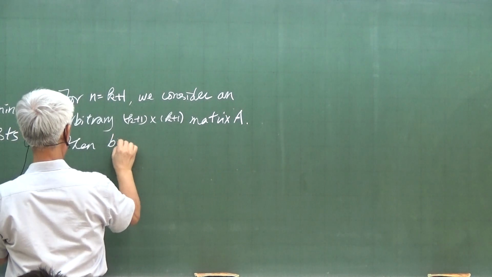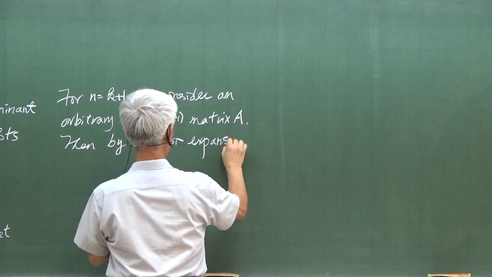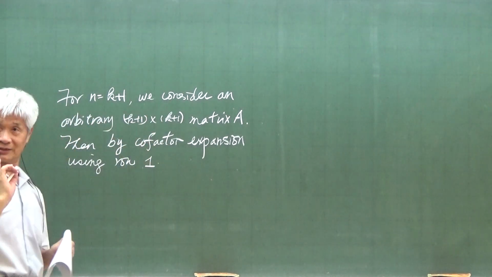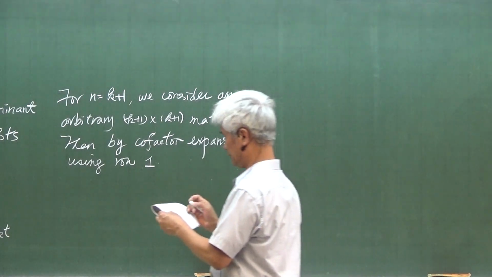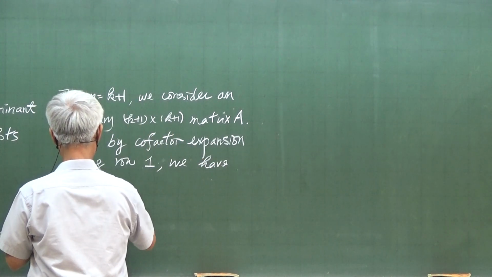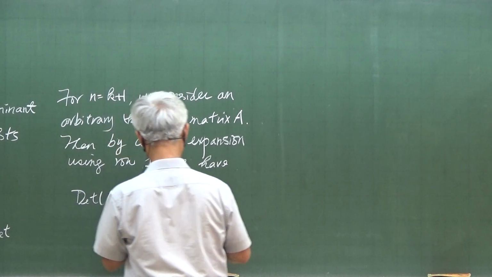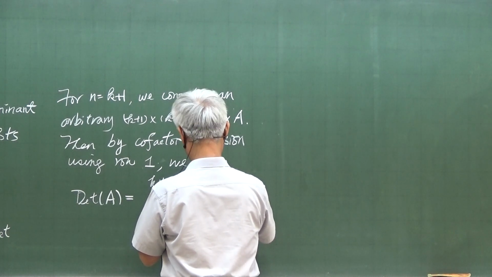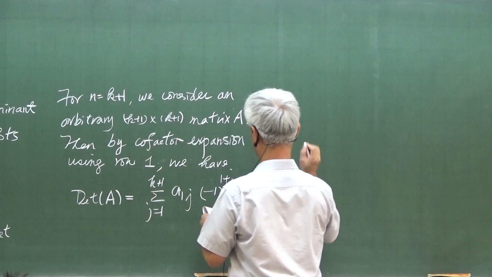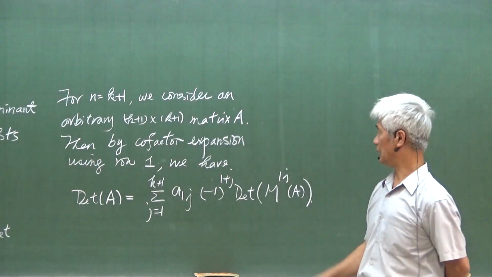Then by cofactor expansion, using just row 1, we have this formula: det A equals the sum over j from 1 to k plus 1 of A1j times (-1) to the power 1 plus j, times the determinant of the 1j minor of A. So this is our cofactor expansion formula using row 1.